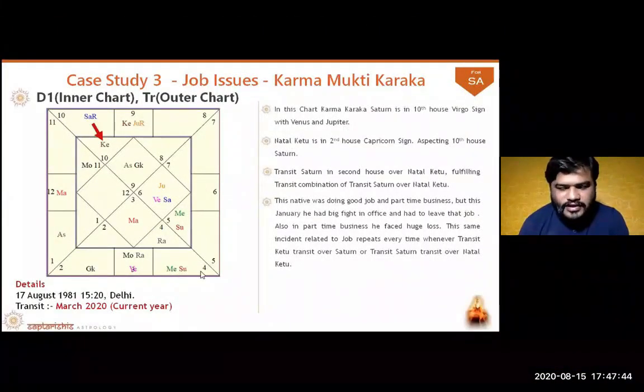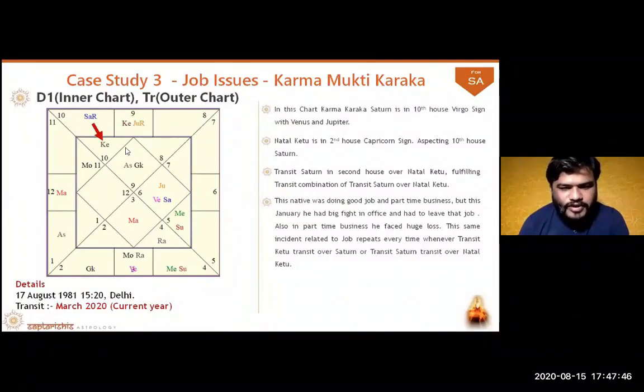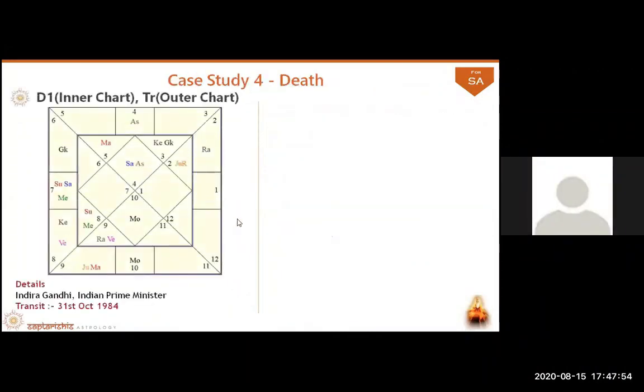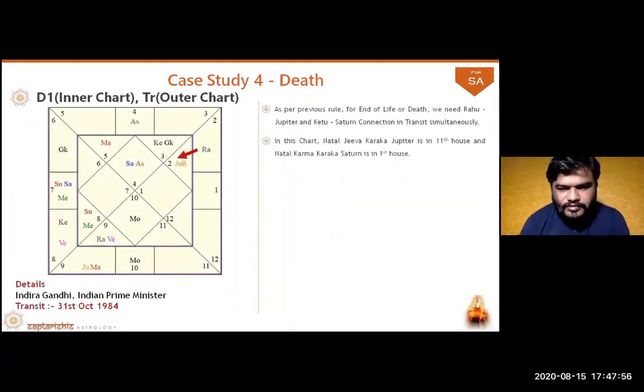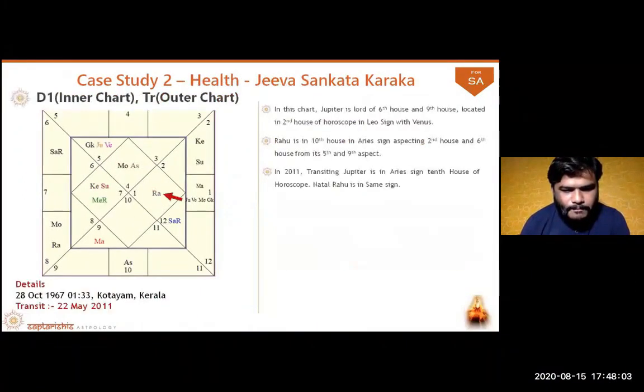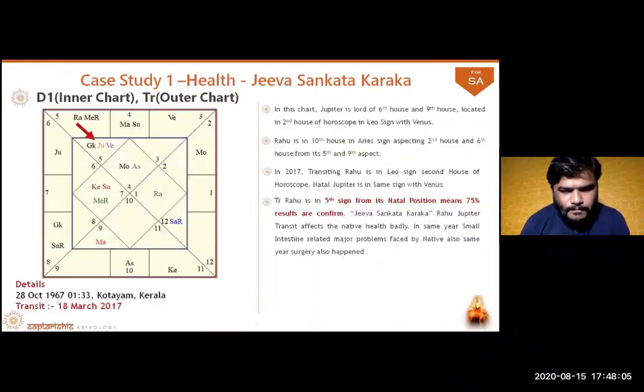In some Nadis, they consider the aspect of Rahu and Ketu in reverse order, in reverse direction. You know about this? Let me show this chart. I have an example.